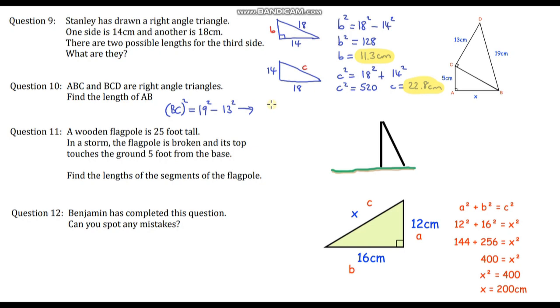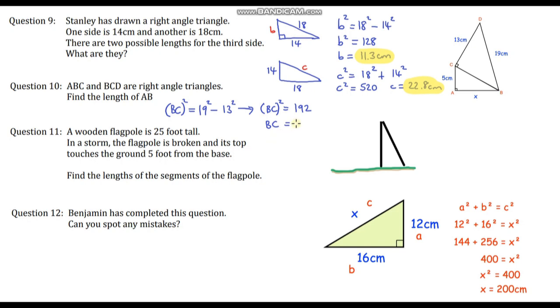So let's just put that into the calculator. So 19 squared minus 13 squared, that gives me 192. So BC squared is equal to 192. So therefore BC is equal to the square root of 192, which is, I'm going to leave it as a surd.